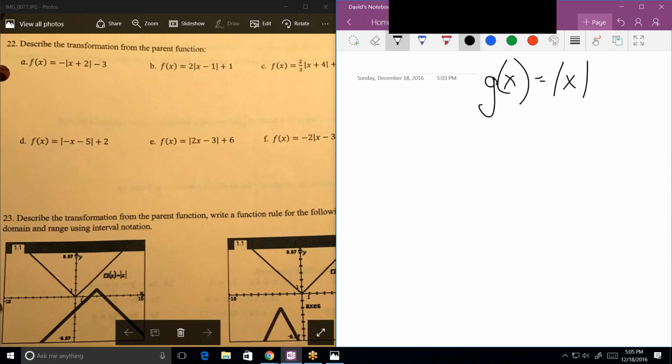Now the key is figuring out what has been done to it. In other words, how has this absolute value of x been changed by f of x? It's been shifted -2, -3.